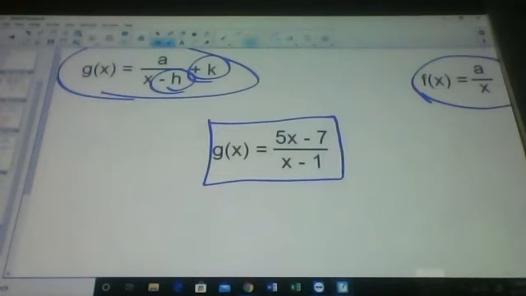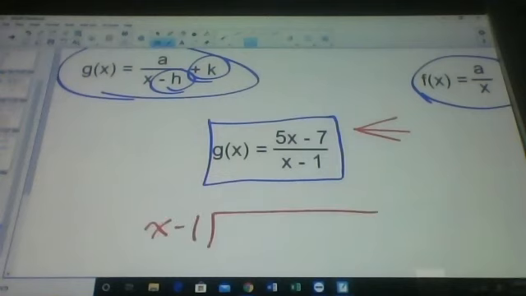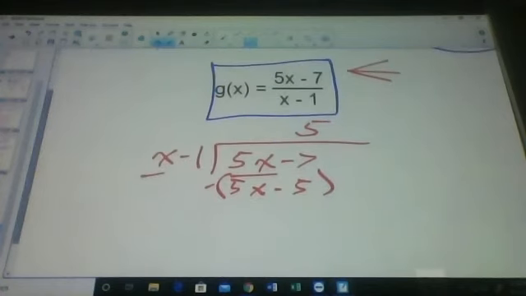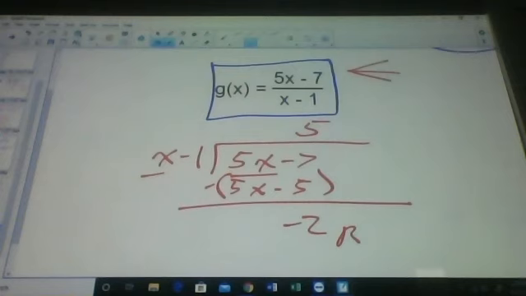So if I start with this guy right here, the first thing I'm going to do is divide, as you all let out a collective sigh. How do I make x 5x? Well, I multiply by 5. So 5x minus 5, and I subtract. When I subtract, I get negative 2 as my remainder.